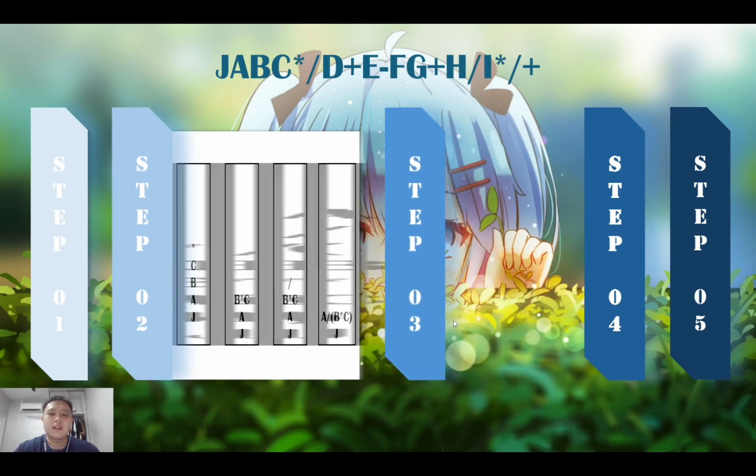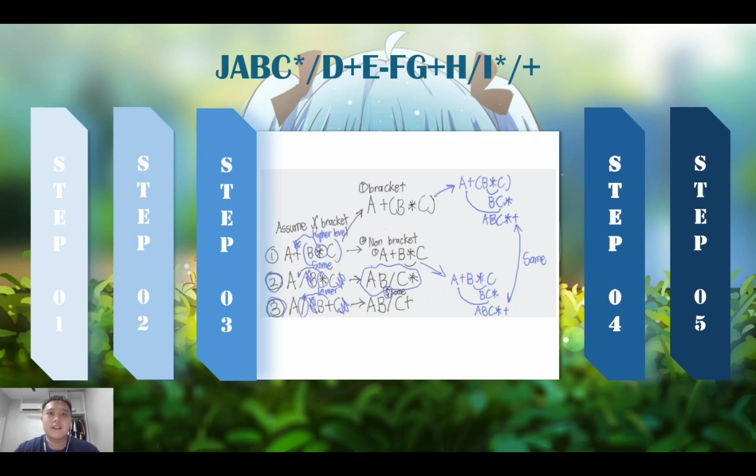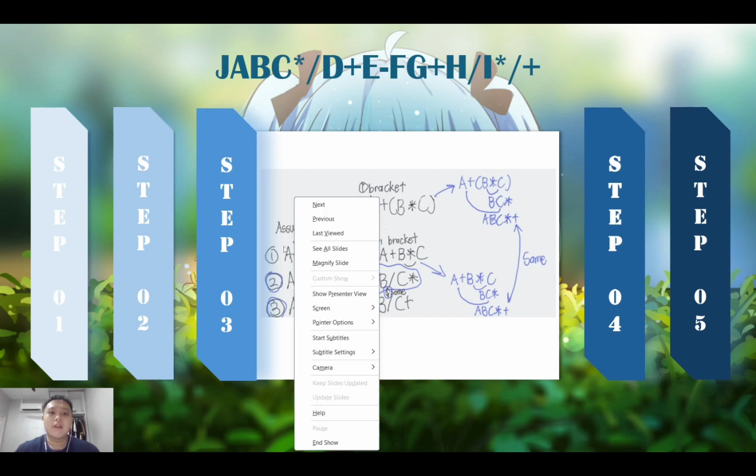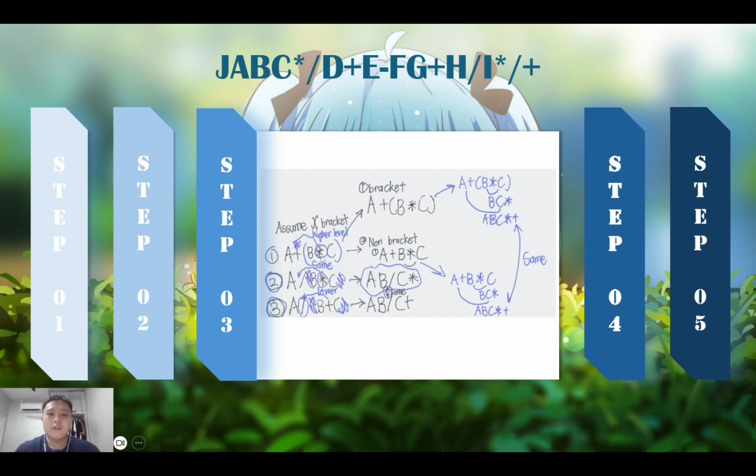Why? Here's step 3, and I will give you some explanations. As we can see, when the inside opcode is a higher level than the outside one, do we have to put the bracket for it or not? I think the answer is no for situation 1 only, because even though you don't put any brackets, the result will be the same in situation 1, because the inside opcode is of course a higher level than the outside one.